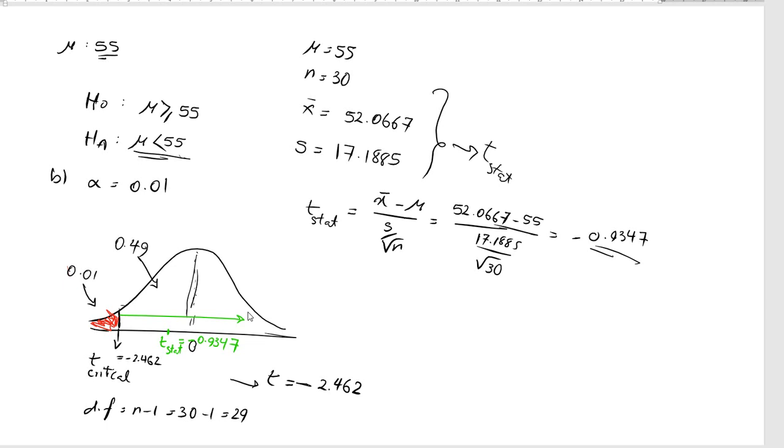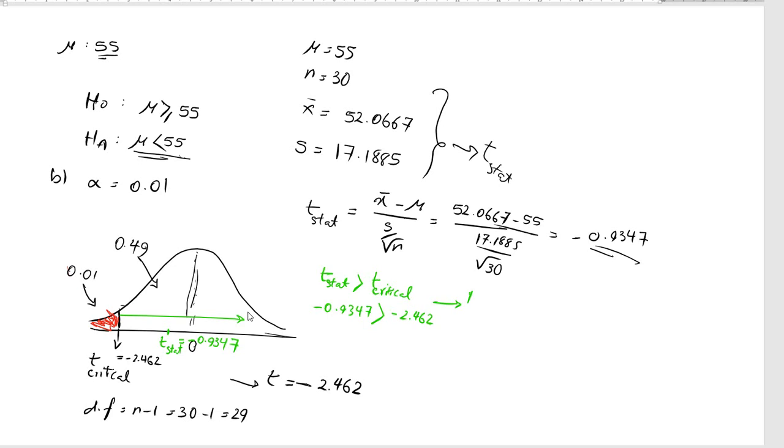So how can we conclude that? This is quite important, the interpretation always carries marks, whether it's in the assignment or in the exam. So you can say t stat, which was minus 0.9347, is larger than t critical, which was minus 2.462. Therefore, we are in the non-rejection area.